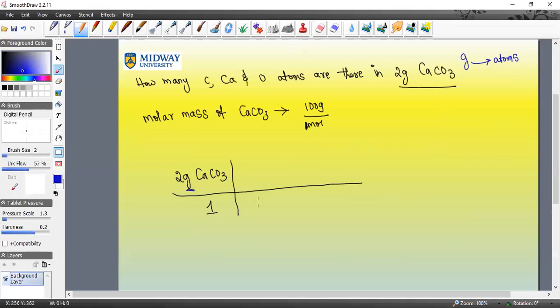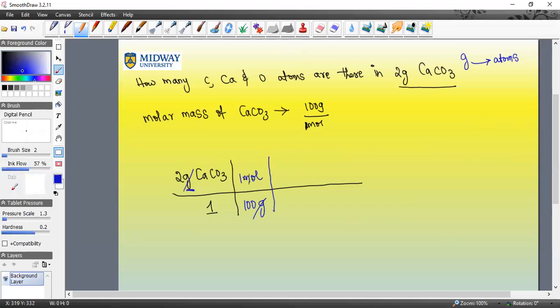So first we got to get rid of the gram, and for that we're going to use the molar mass. So 100 grams goes on the bottom, 1 mole goes on the top. We canceled out the grams, but we're now left with moles.